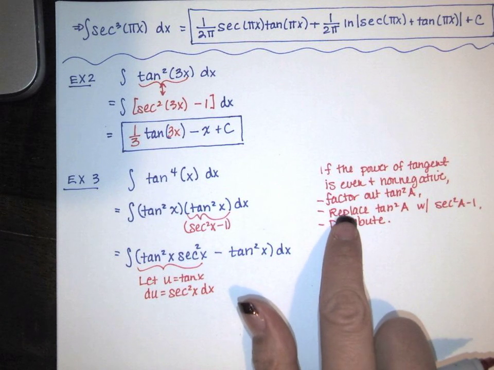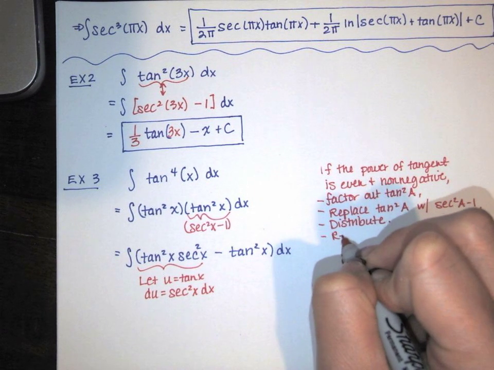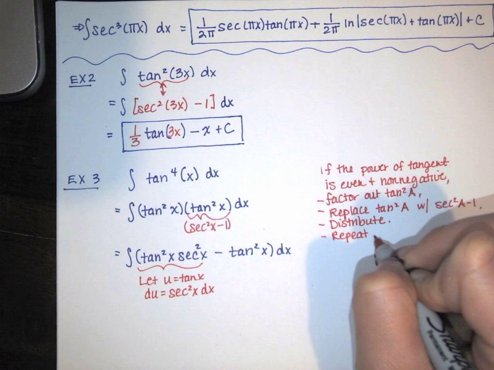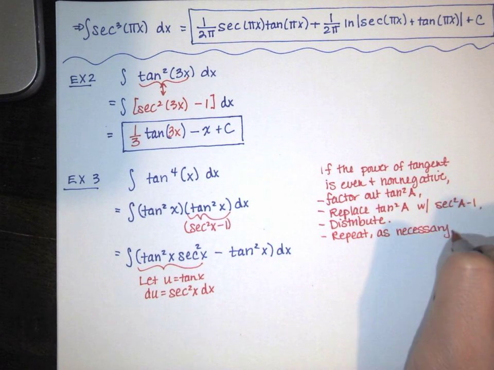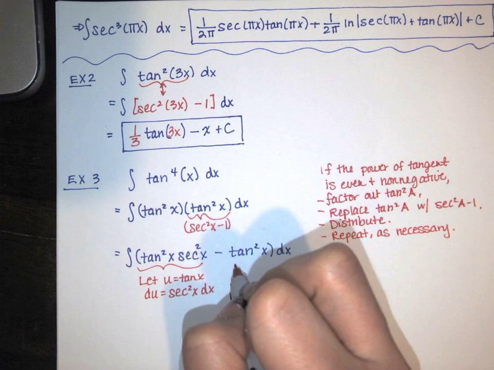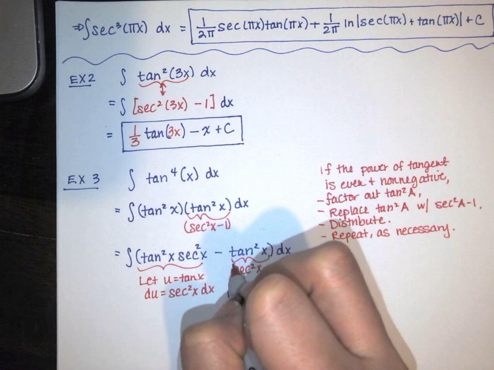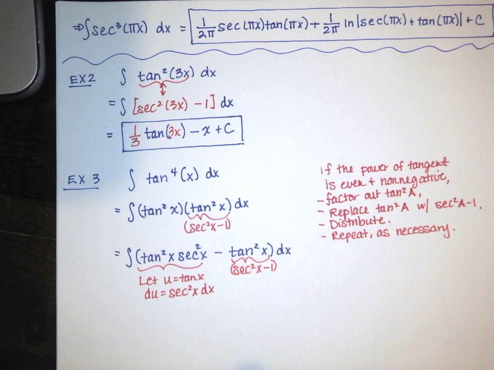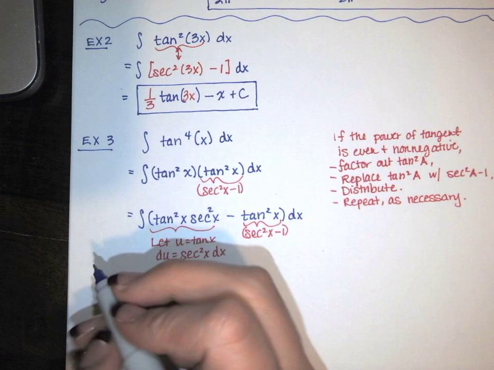So I said, do all of this, and then as necessary, you might have to repeat. I don't have a rule for tangent squared, but I've got a rule for secant squared minus 1. So I can replace that tangent squared with secant squared minus 1 and then just anti-differentiate that. So let's finish this one.